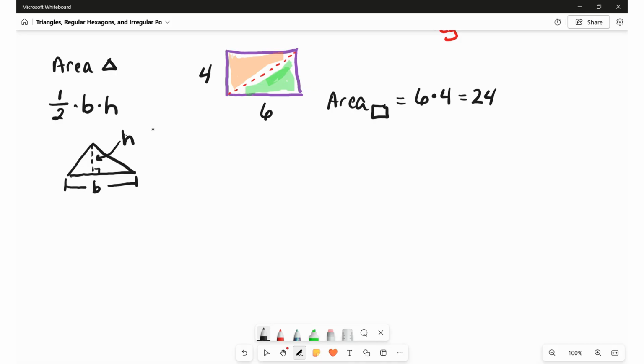So the line drawn from the highest point on the triangle to the base, and it must be perpendicular because, like here in our rectangle, these are right angles. That's kind of what makes a rectangle.